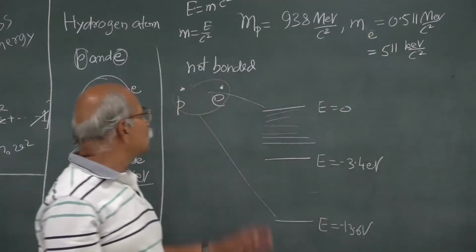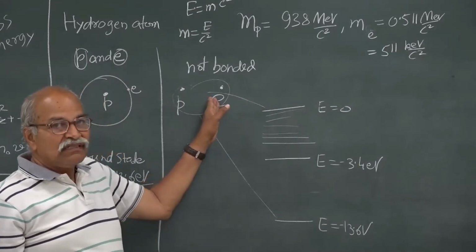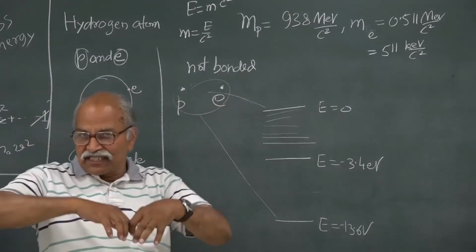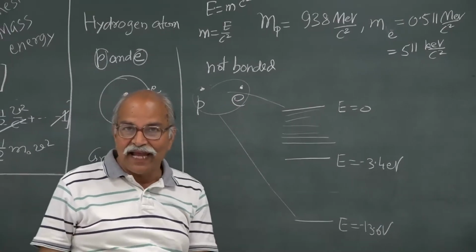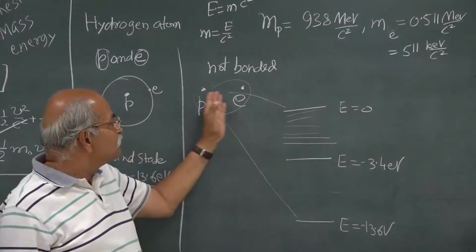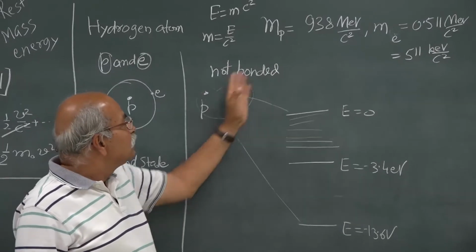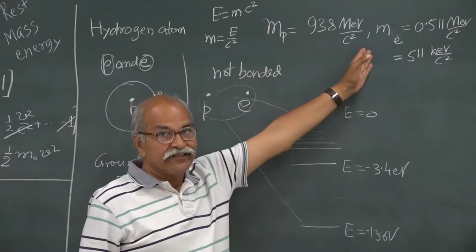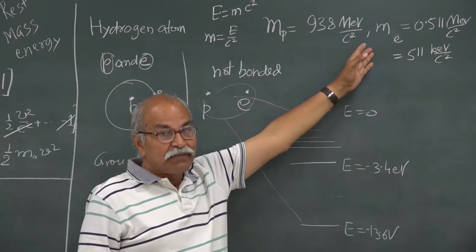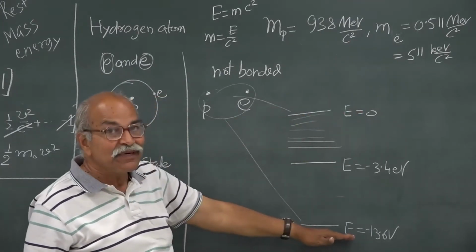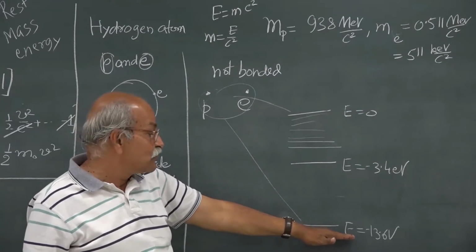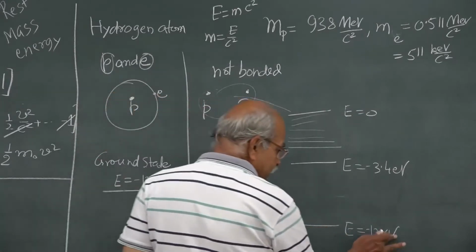So, if you have a proton and an electron which are separated from each other, no bonding, it is not a hydrogen atom, then the rest mass of this combination will be this plus this. But if this is 0, then this energy is minus 13.6 electron volt, right.